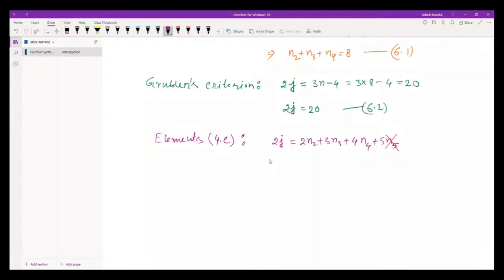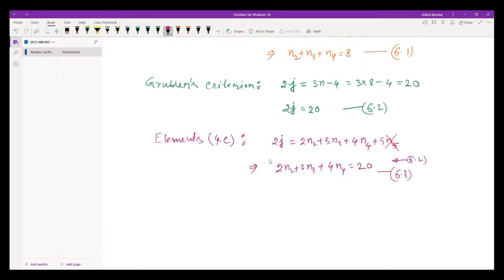So if we write them on the left hand side, 2n2 plus 3n3 plus 4n4 is equals to 20, because from 6.2 we know that 2j equals to 20, right? So let us call this equation 6.3.